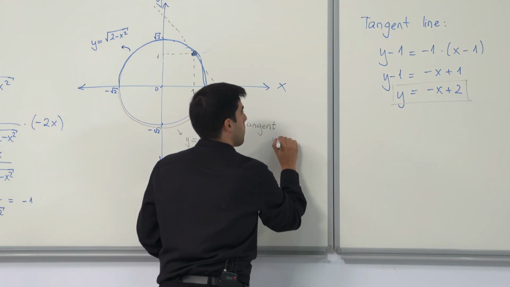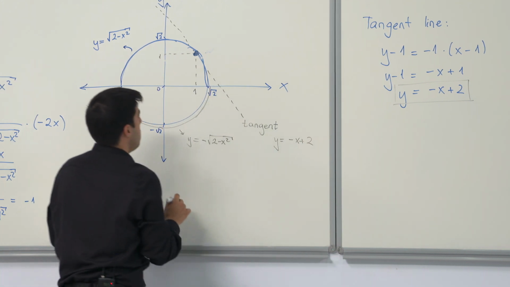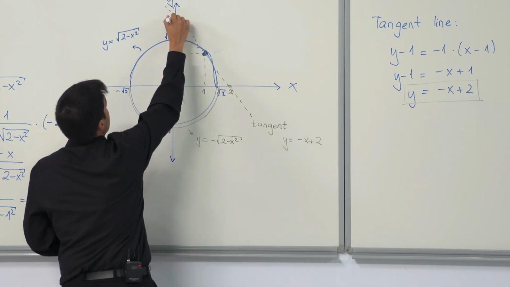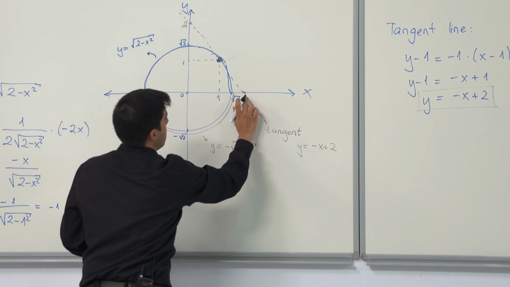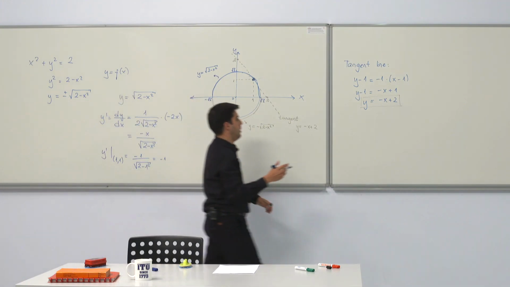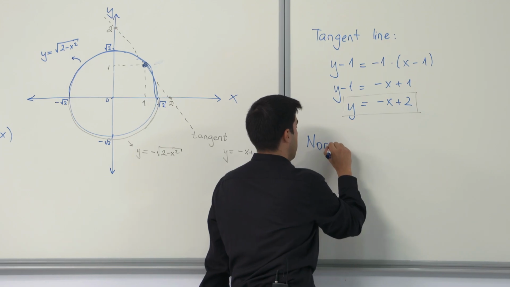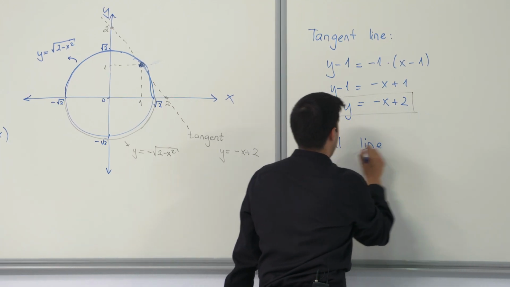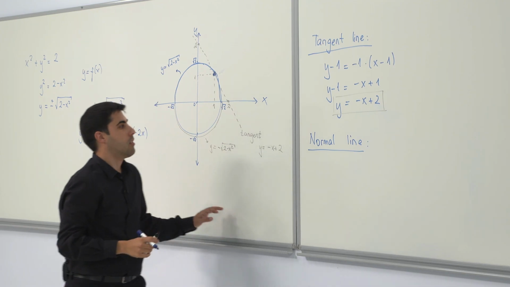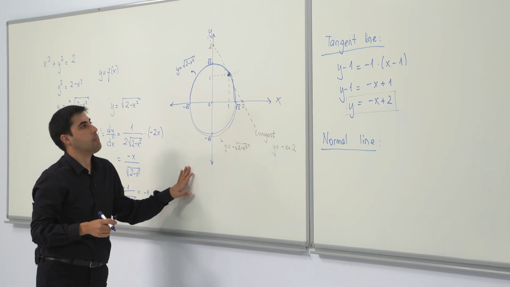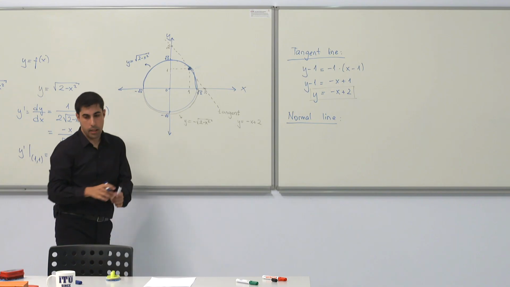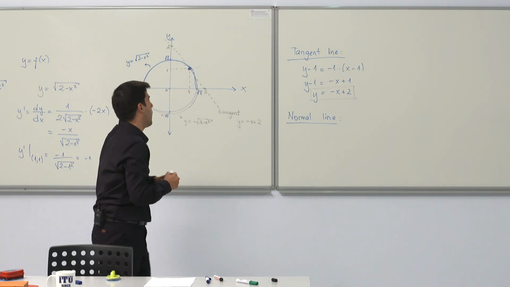This one here, y equals minus x plus 2. So that means the intersections with the axes are at 2, here and here. So if we are asked to find the normal line, for instance, let's recall that the slope of the normal line times the slope of the tangent line gives you minus 1, because the normal line is perpendicular to the tangent line at the given point.